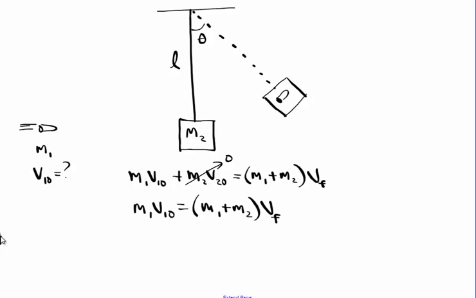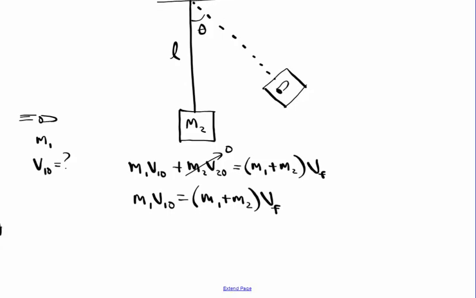Now, what I also know is that once that bullet embeds itself in the block and rises up to that final height, we have a speed change and a height change, which should just absolutely scream to me that conservation of energy is going on here.